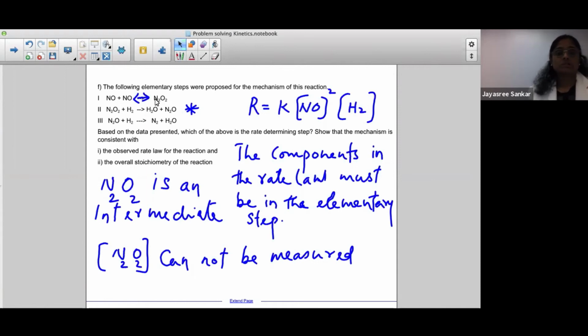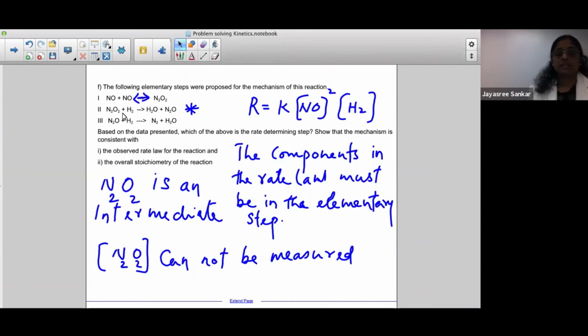So when you look at steps 1, 2, and 3, in the first step, we have two NO molecules, which is matching with this part of the rate law, but there is no hydrogen there. And those two NO molecules are producing an intermediate. So it doesn't really look appropriate for the rate determining step.